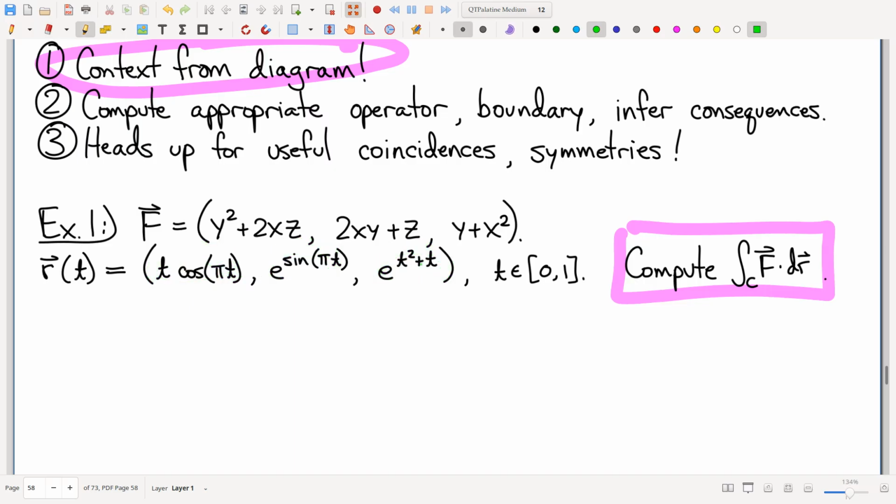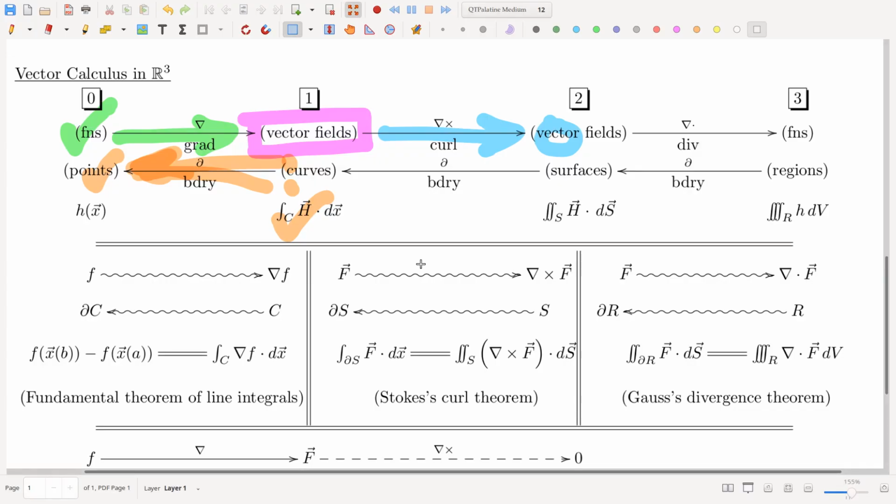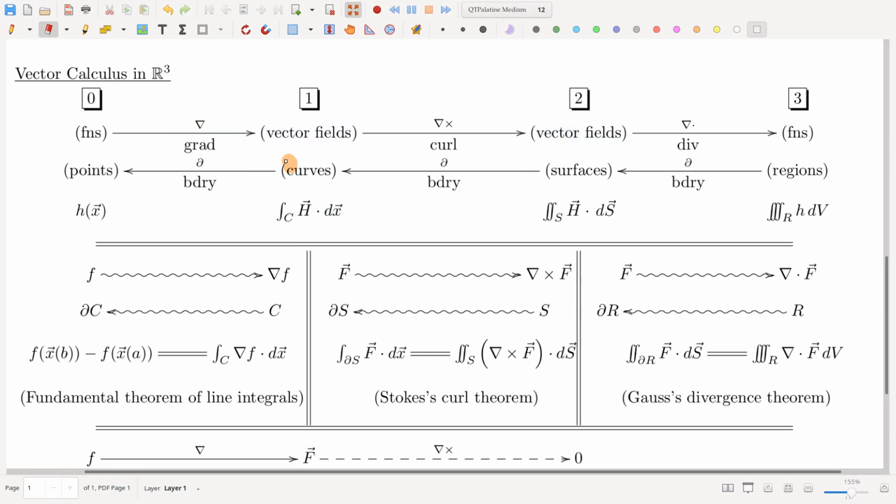So we're in 3 dimensions and we're looking at a line integral. That means that this is what I'm trying to compute right here. In R3, vector line integral. Several things are immediately clear. One is this vector field.